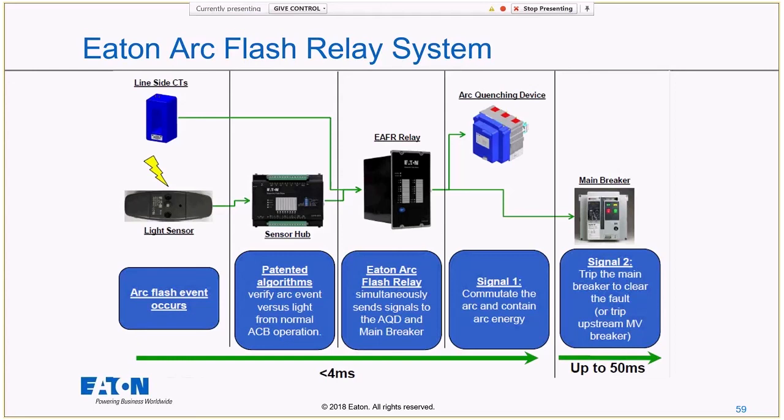So once it decides an arc event is occurring, it's going to send 2 signals. One's going to go to an arc quenching device. What this arc quenching device is going to do is it's going to commutate the arc. That basically means it's going to redirect the arc to somewhere where it can be contained, so that it is not blowing out to a person who might be in front of that equipment. It's going to redirect it somewhere safer and then contain it there.